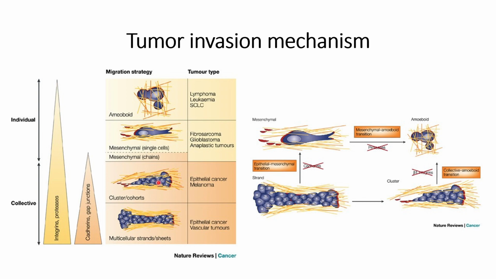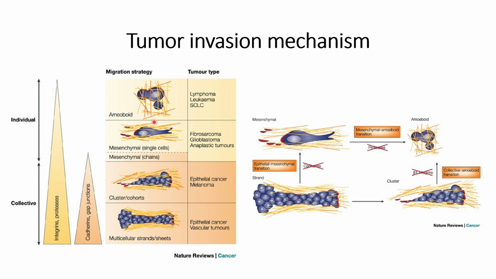Cell-cell interactions play an important role for the cells in the periphery, and the cadherin and integrin functions increase compared to the first two cases. This is the exaggerated version of cluster and convoy, where multicellular strands and sheets can move from one part to another part, found in epithelial cancer or vascular tumors.